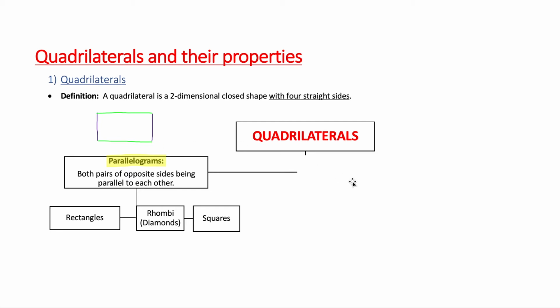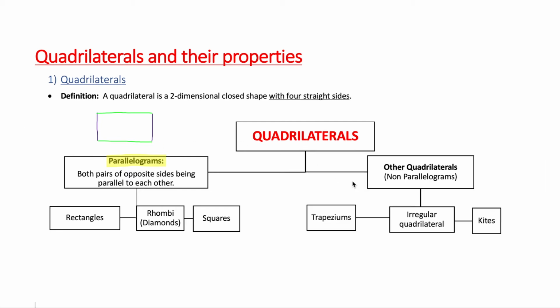Wonderful. The other type of quadrilateral are the ones that are non-parallelograms, and these are trapeziums, irregular quadrilaterals, or kites. So if I draw a trapezium, the lines I'm drawing at the moment are parallel, agree?